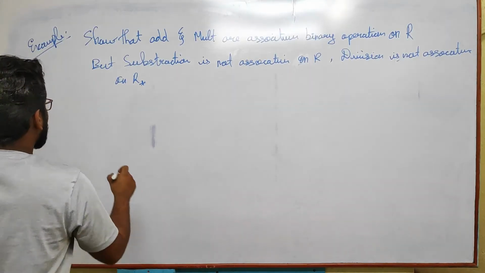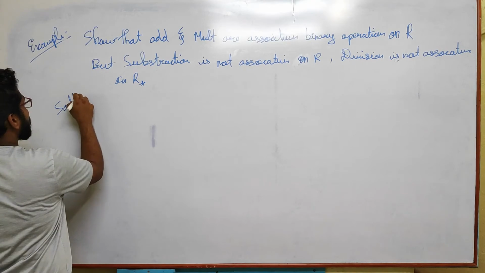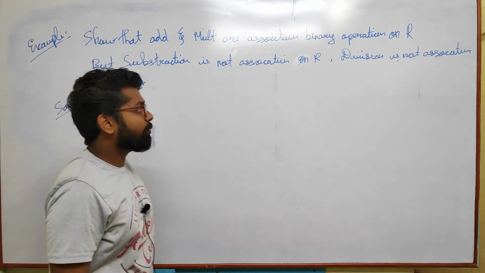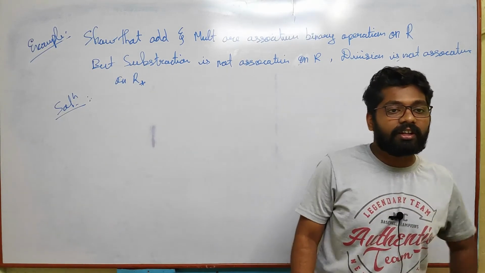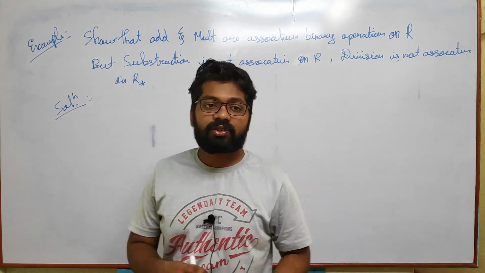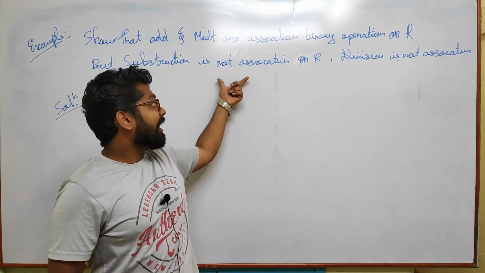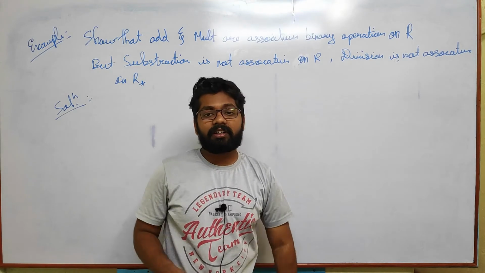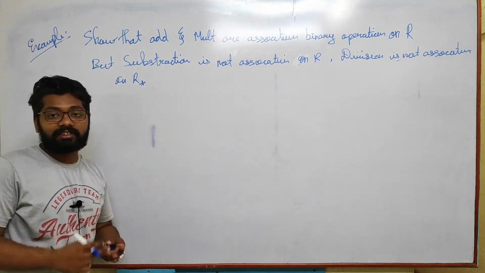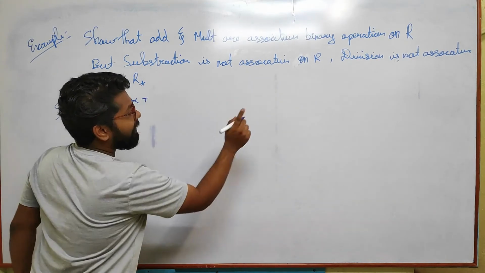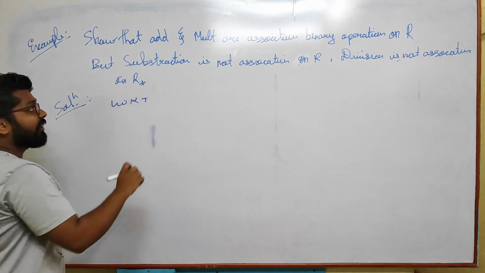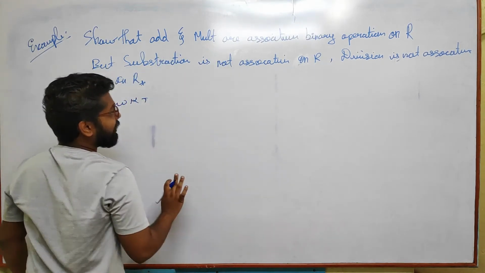Okay, so let us see one example based on this associative property. What it is telling is, show that R is associative on addition and multiplication, but it is not associative on subtraction and division. The operation is on R. Now addition and multiplication are associative.